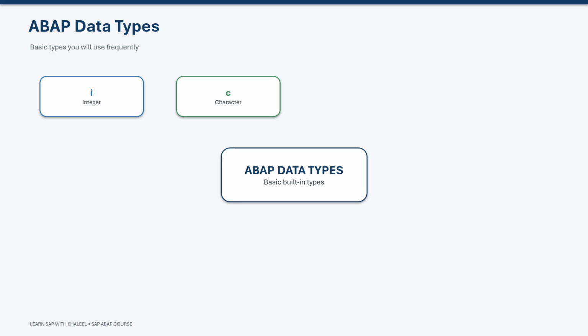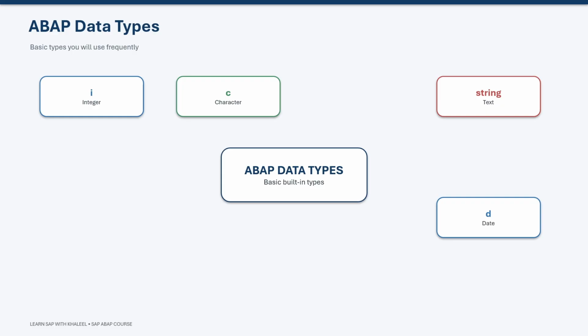For example, data lv_age type I. Here lv_age is an integer variable, and data lv_name type string. So we have string to store string values, date to store date values, time to store time values, and packed number which is stored by the P data type.